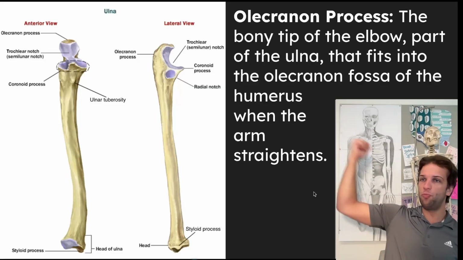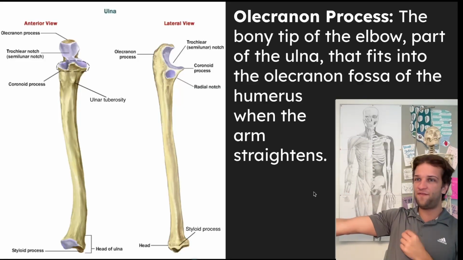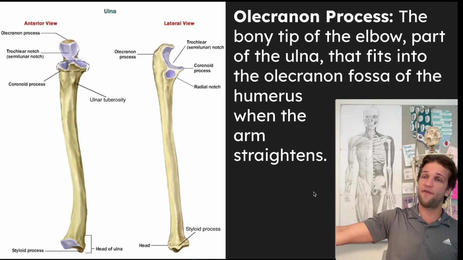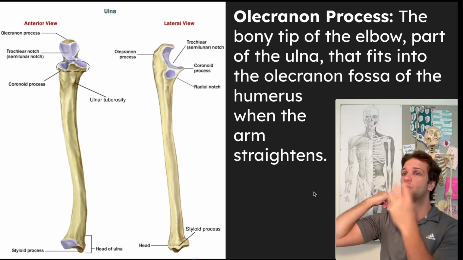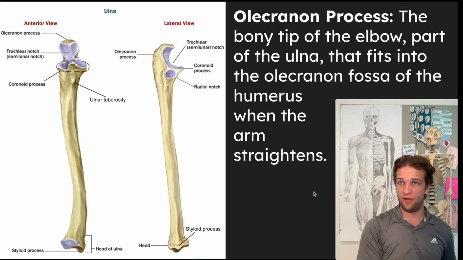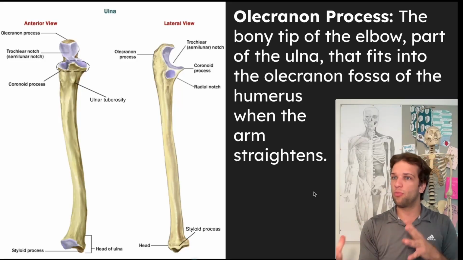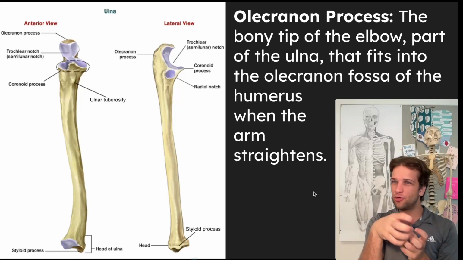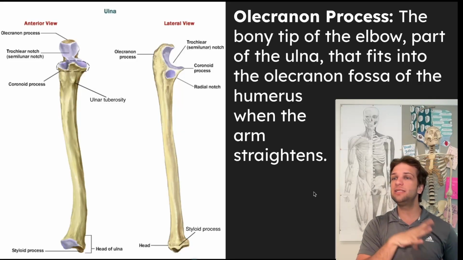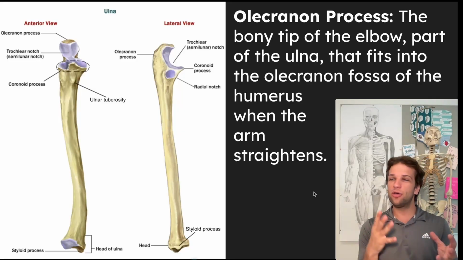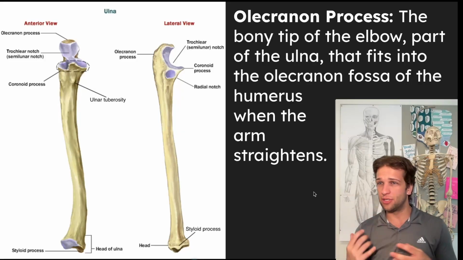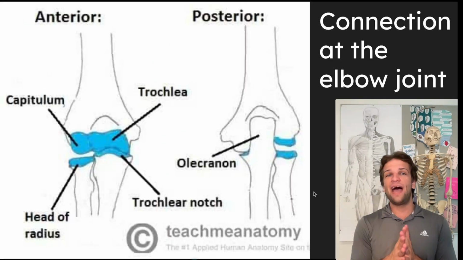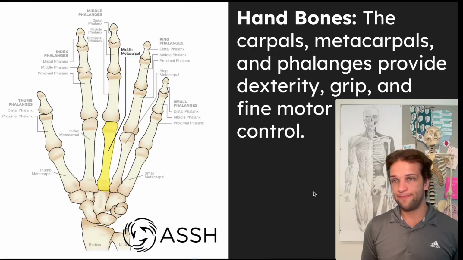Think open, olecranon process fitting into the olecranon fossa; closed, coronoid process fitting into the coronoid fossa. That's our elbow joint. That's how that movement works, and how those bones jigsaw to make sure there is no wiggle room and no overextending or underextending that might risk damage to the muscles or to the bones in general. And that is our elbow joint.